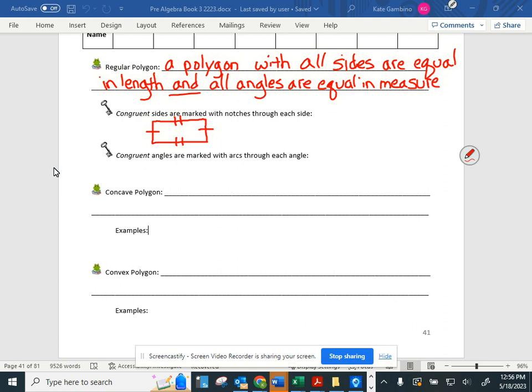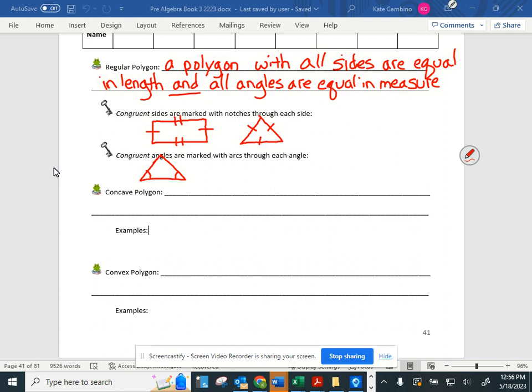For our sides, it's just those straight notches. So if it is an equilateral triangle, all the sides are going to have the same type of notch. That's how we know all three sides are congruent. Congruent angles, like we've talked about, have those arcs that show which ones are congruent. So sides have the notches, angles have the arcs.